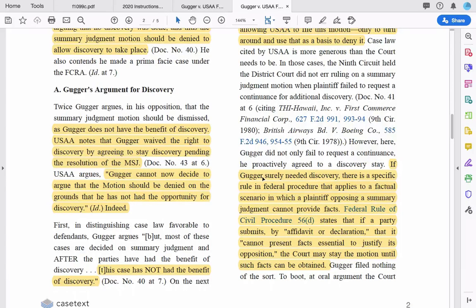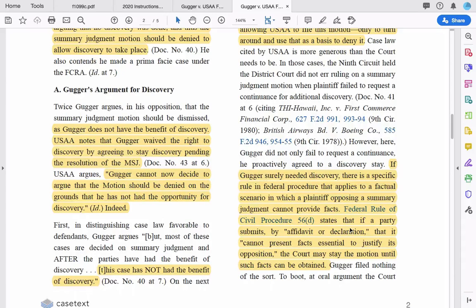So the Federal Rules of Civil Procedure in most states are similar. It may be slightly different, sort of subparagraph, but Rule 56(d), again, some states it may be 56(f) or 56(e), but same concept: that the party can submit an affidavit or a declaration that it can't present the facts to justify the opposition and that it needs to conduct discovery.